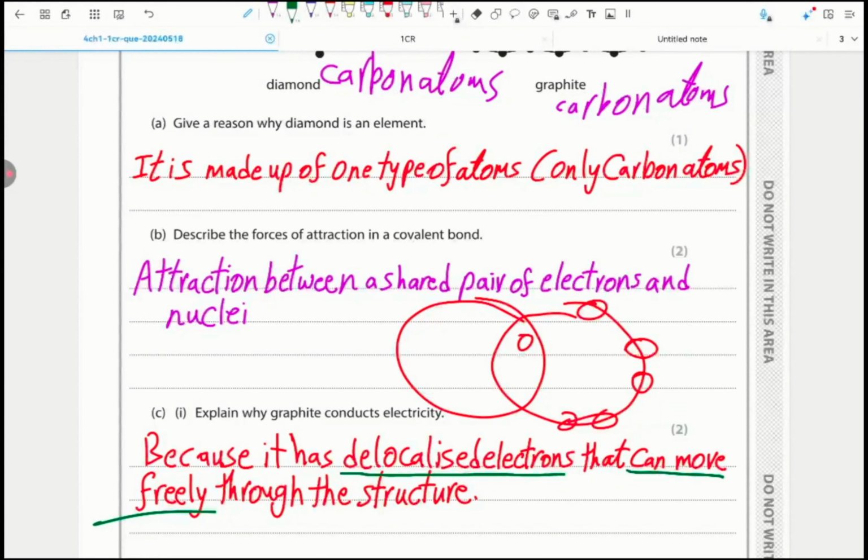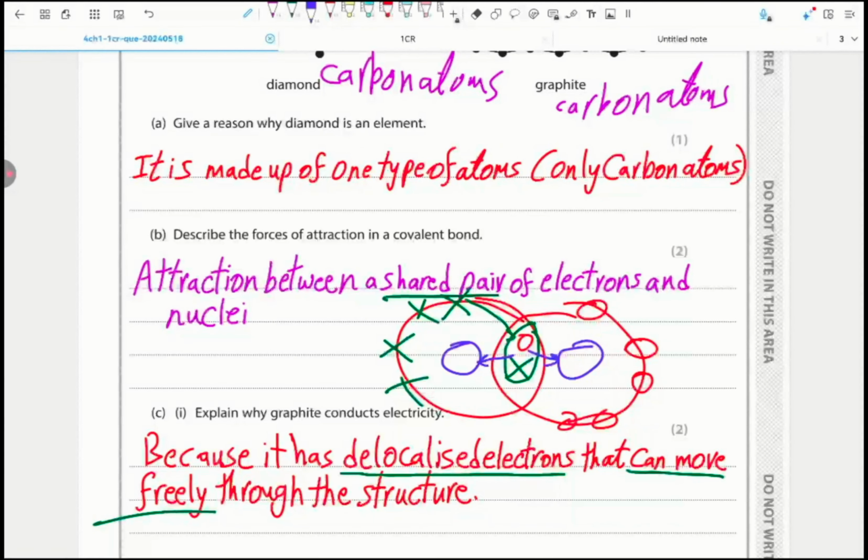The other atom has also electrons, and it decides to put 1 here to share. So this pair, we call it shared pair, the shared pair of electrons is going to be attracted to both. This is the nucleus of the first atom, this is the nucleus of the second atom. So this will be attracted by both nuclei.